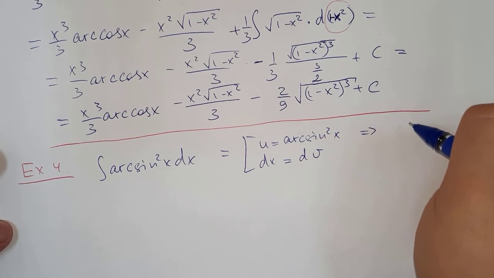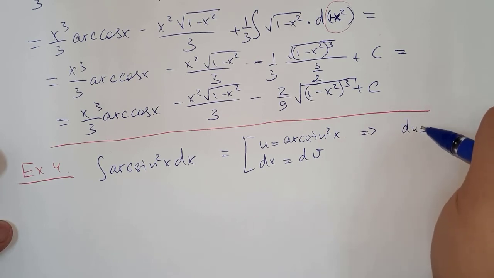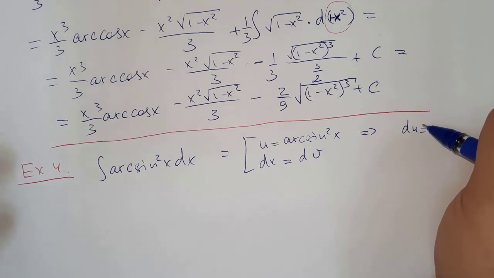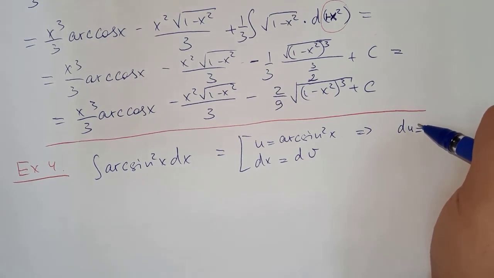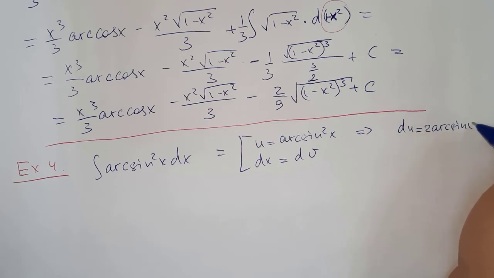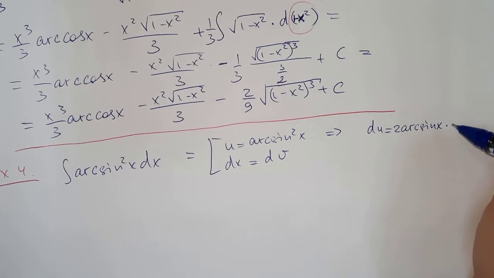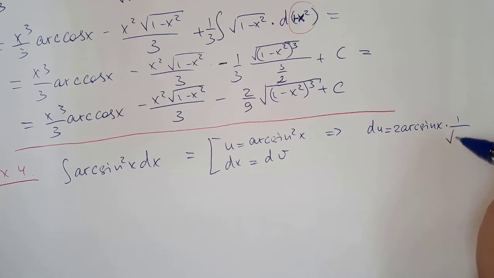Hence we have as du: it is 2 arc sine x times 1 over square root of 1 minus x squared.